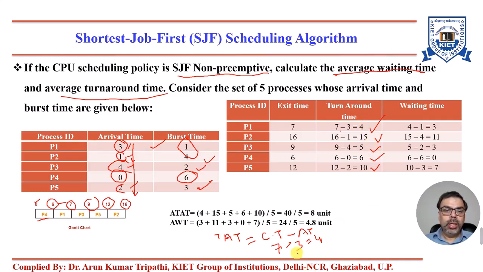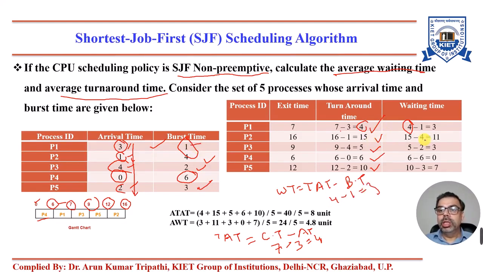Now, waiting time. As we know, waiting time for a process is equal to turnaround time minus burst time. So the turnaround time for the process P1 is 4 and the burst time is 1. So 4 minus 1 is equal to 3.